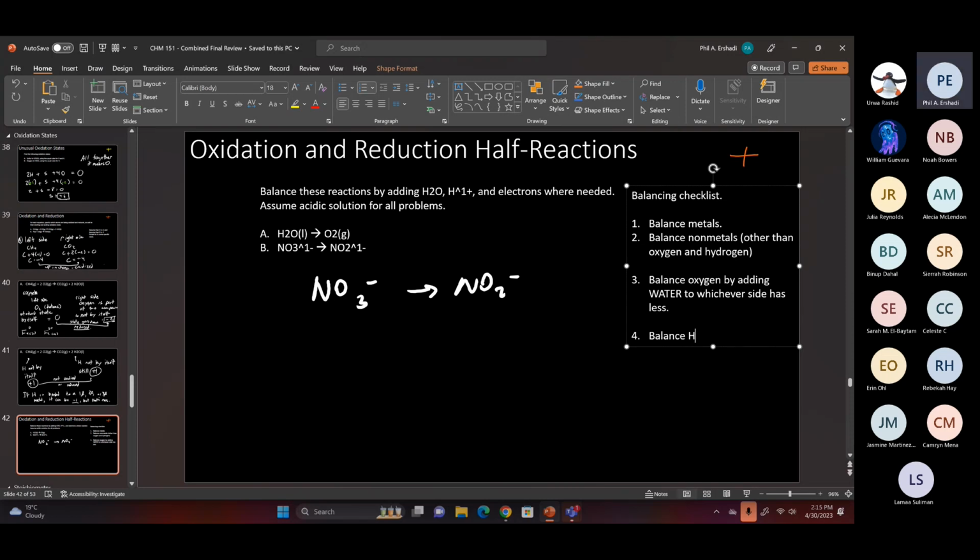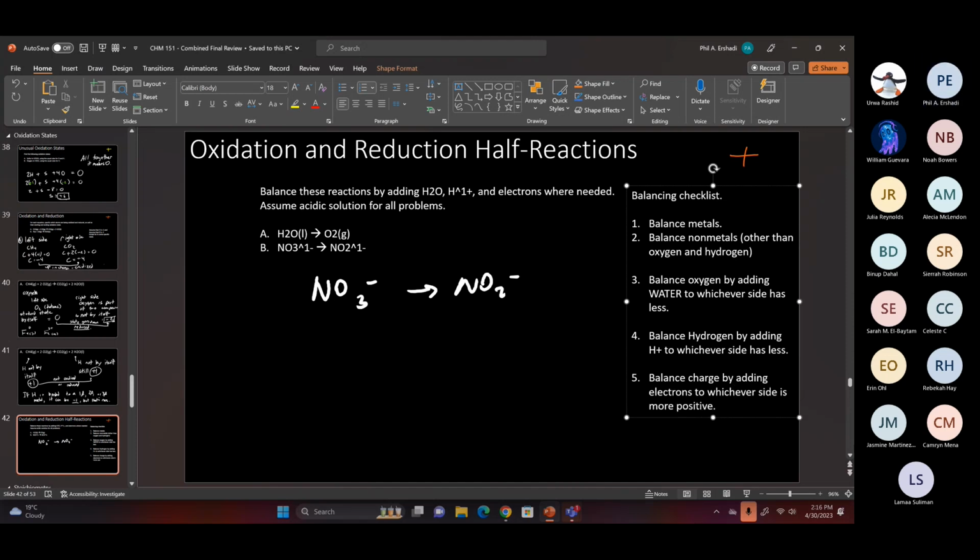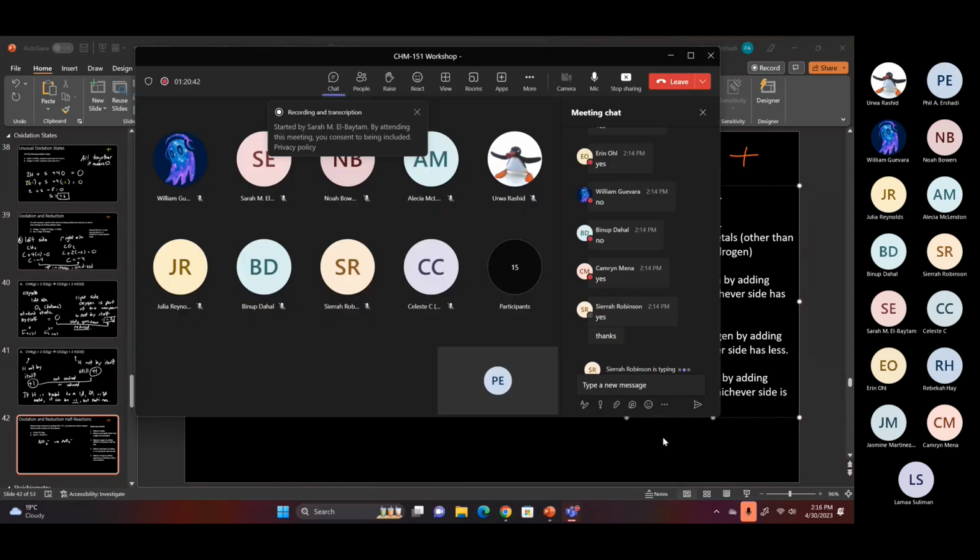Then you're going to balance your hydrogen by adding H plus to whichever side has less. And then you balance your charge by adding electrons to whichever side is more positive. So 5 things to check in order to get your half reactions balanced. Like, got a question coming here?